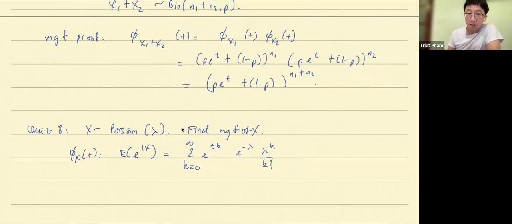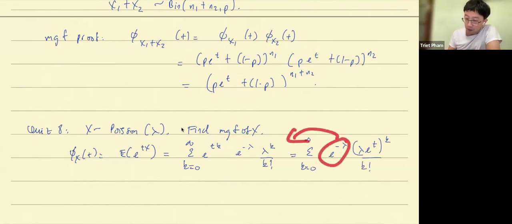Well, we can simplify the sum by combining the kth power, which is e to the minus lambda times (lambda e to the t) raised to k over k factorial. Well, e to the minus lambda is a constant in terms of k, so it can be factored out.